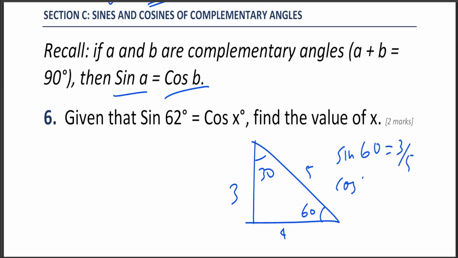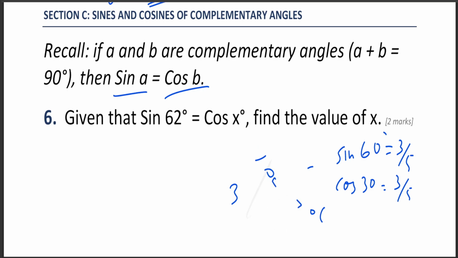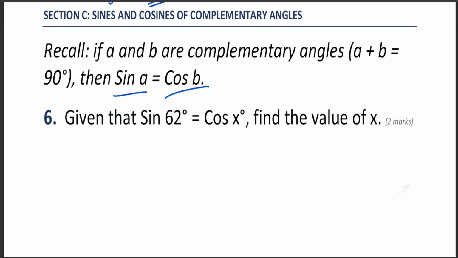Cos 30 is also the same, which will be equal to 3/5. And from this rule, we found out that these angles are normally complementary angles and they add up to 90 degrees. So it's sine and cosine, they are similar, but the angles are complementary angles. So that is why sin A is equal to cos B, as long as A and B add up to 90 degrees or are complementary angles.